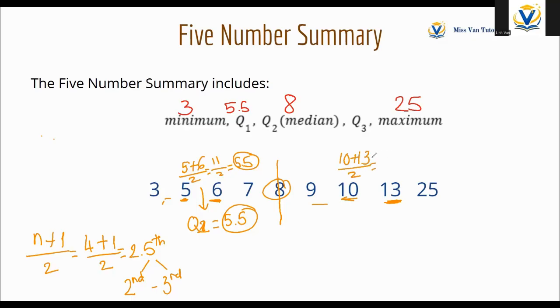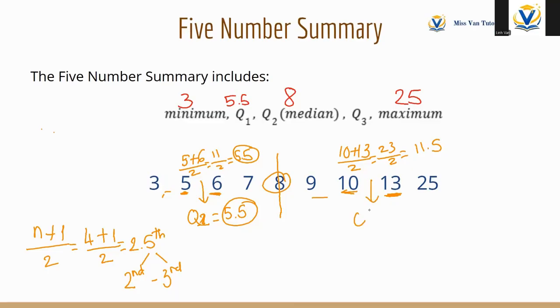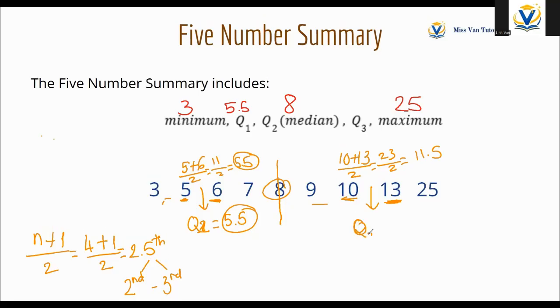Then let your calculator do the work, which you would get 23 divided by 2, and your calculator would hopefully give you 11.5. So then now I know that my Q3 is 11.5. Now I'm going to pop it into my list of my 5 number summary.